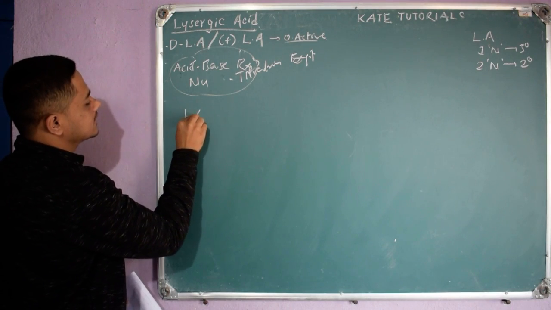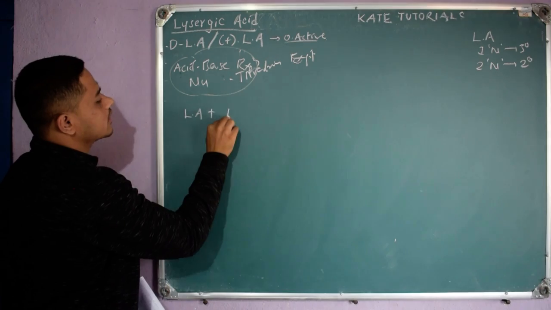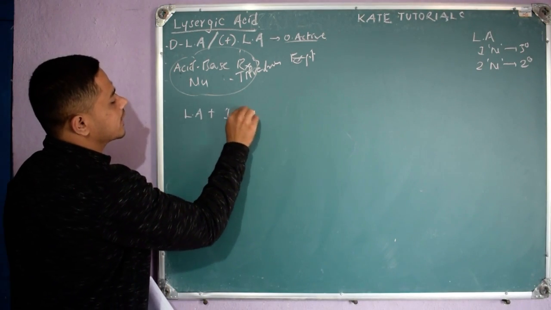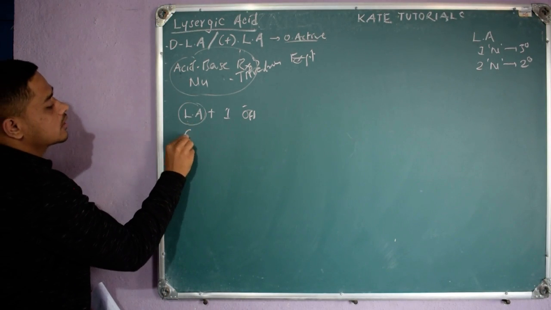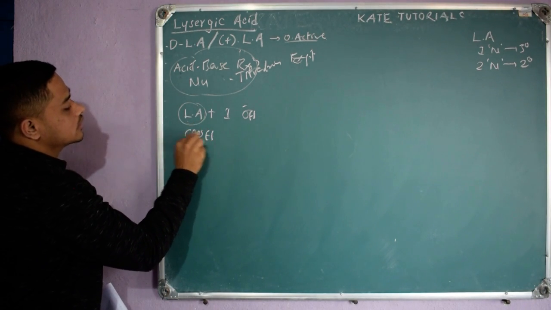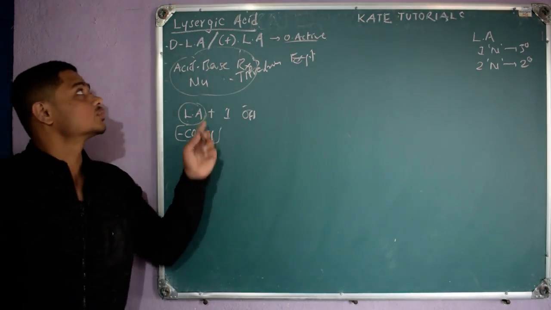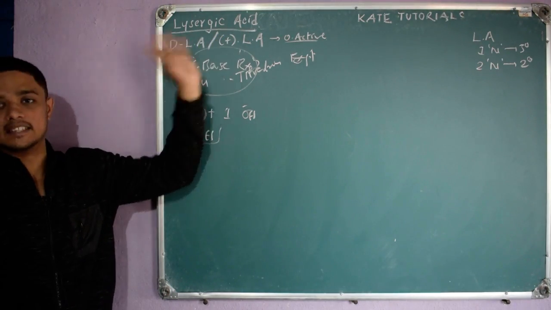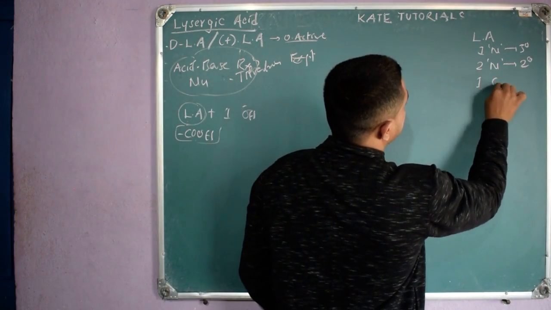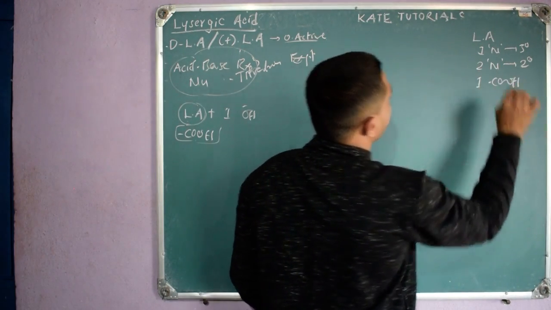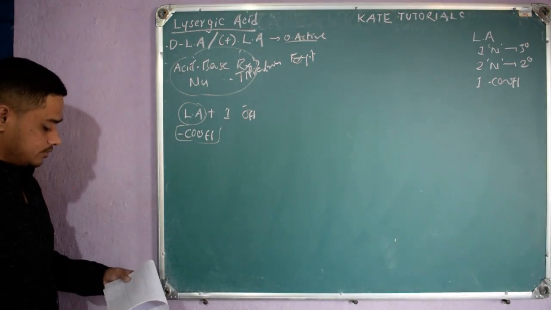They took lysergic acid and treated it with a base, and it consumed only one equivalent of OH minus. So they concluded that lysergic acid has one COOH group. Because of the presence of this acid group, it is called lysergic acid. That is the carboxylic acid group it has.